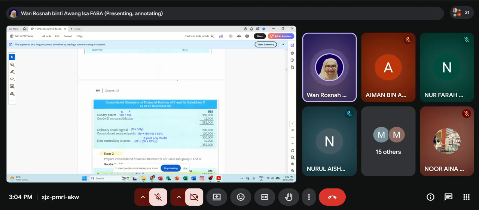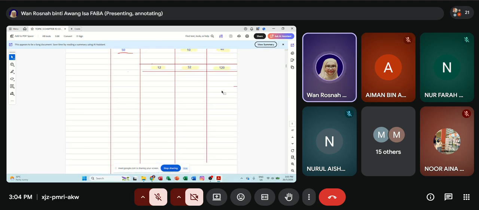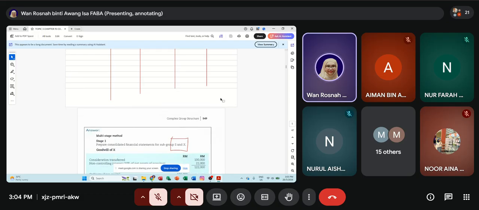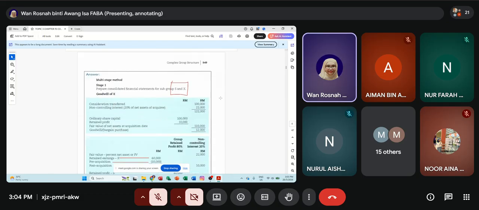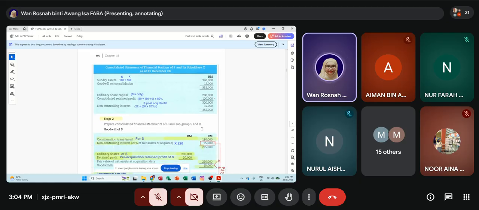Ordinary share, you just transfer the ordinary share of S only, which is 200,000. And then you have consolidated retained profit, which is 120,000, the group retained profit that we calculated using the schedule, and then we have non-controlling interest 32,000.